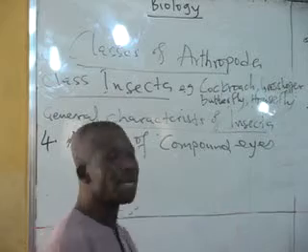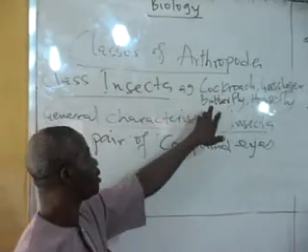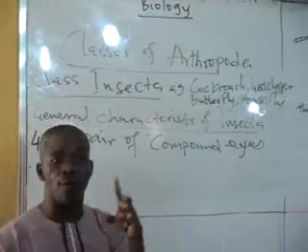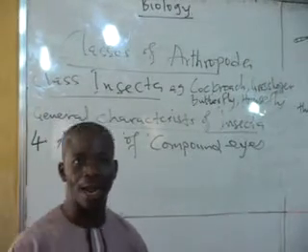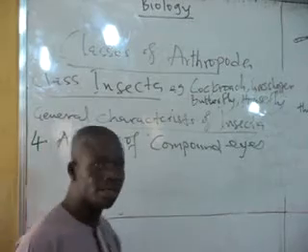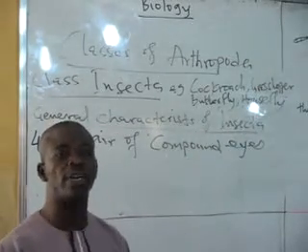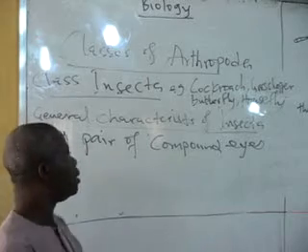That's why you see that most organisms under this class go for colorful things like the butterfly. It goes for the color of flowers, like our grasshopper or the locust, which goes for the green color of the vegetation.